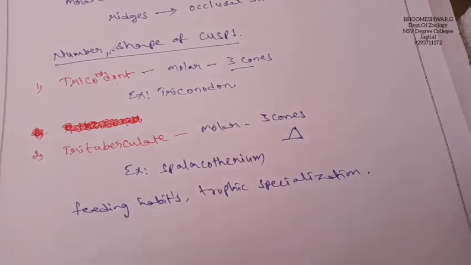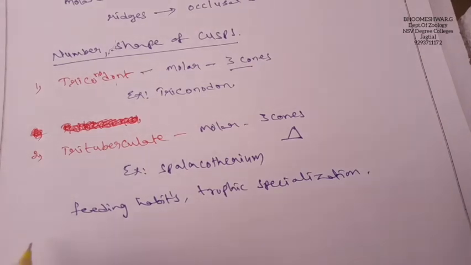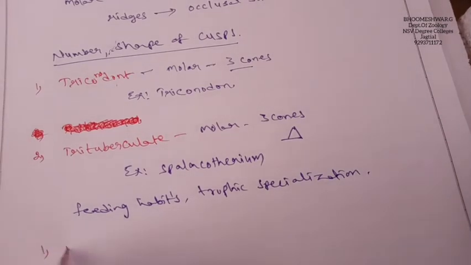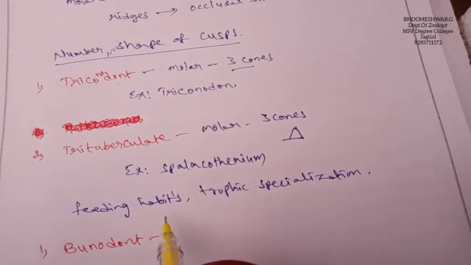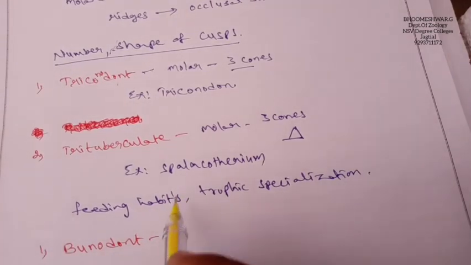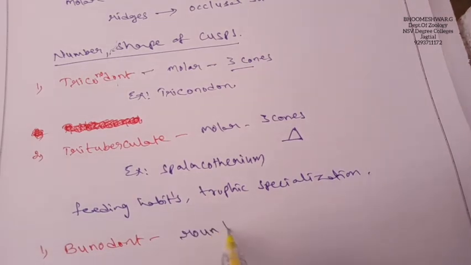The first type is called bunodont. Buno means round, so you can simply call these cusps of cheek teeth rounded in shape.